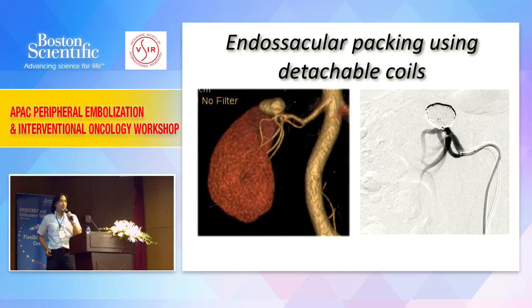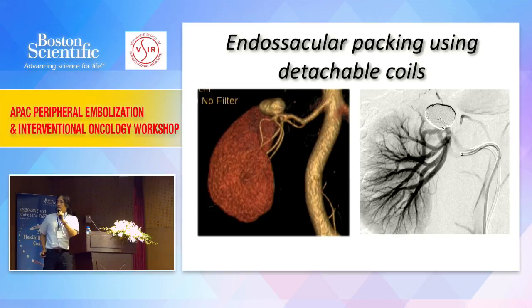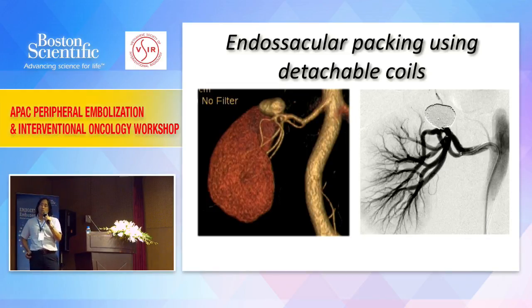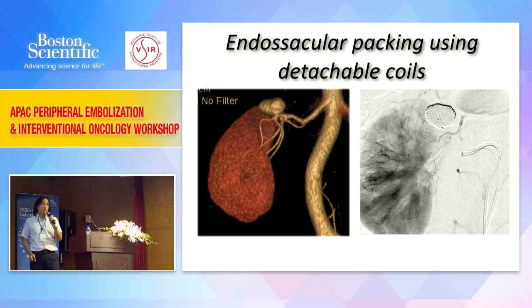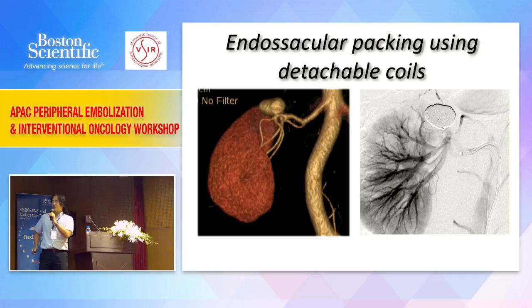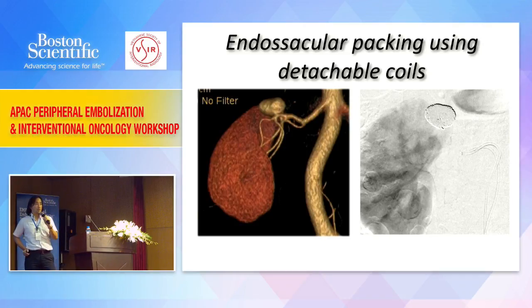So next, I'll move on to endosaccular packing using detachable coils. Now, when we treat an aneurysm, for example a renal artery aneurysm, we must preserve the parent artery. So packing of the aneurysm is a good option.